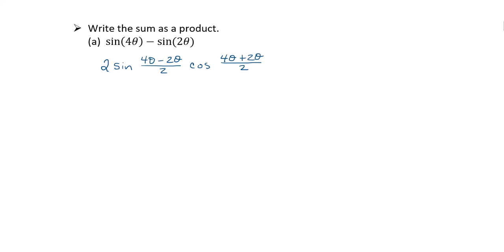Now we simplify. 2 sine of 2 theta divided by 2 is theta, times the cosine of 4 theta plus 2 theta is 6 theta, and 6 theta divided by 2 is 3 theta.